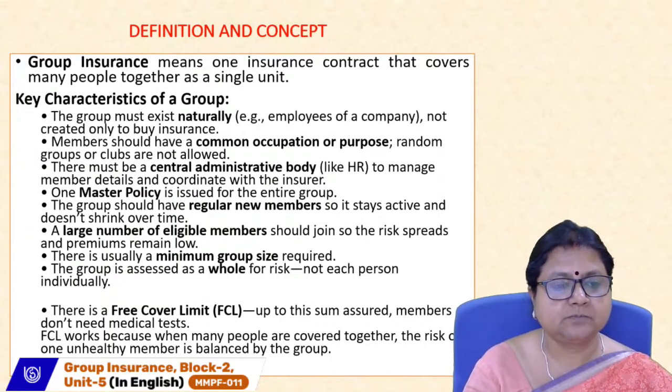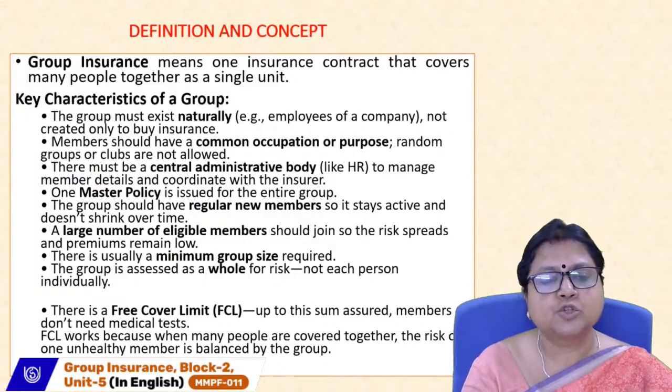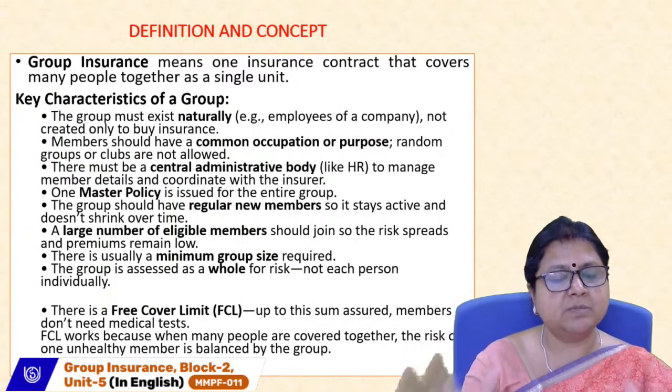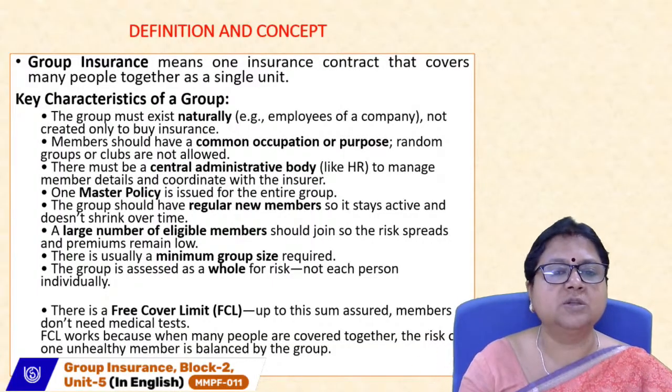A large number of eligible members should join so that risk spreads and the premium remains low. When more people are in the group, the premium is divided among all the persons.